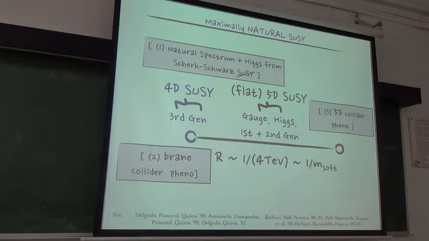These kinds of models have been studied by various groups throughout the years. The work that we've done is to follow up on some of the more phenomenological details and to study electroweak symmetry breaking and the Higgs mass more carefully in these models.